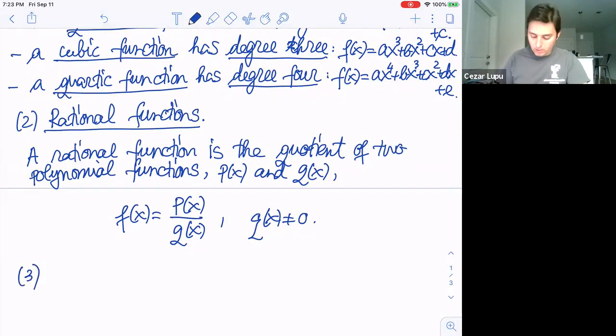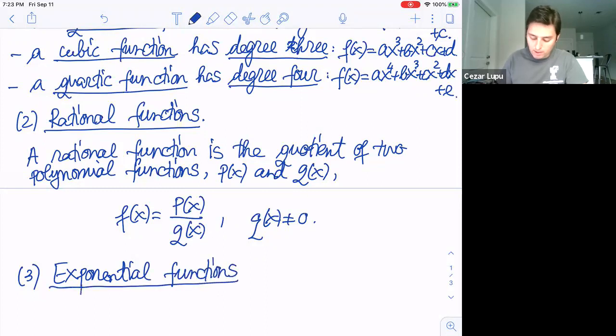Now let's see about the exponential function. We will study these kinds of functions, the exponentials and the logarithms, later on in the second chapter, when we talk about limits and so on. And we will talk also about the number e, which is the base of the natural log. Anyway, we'll get there.